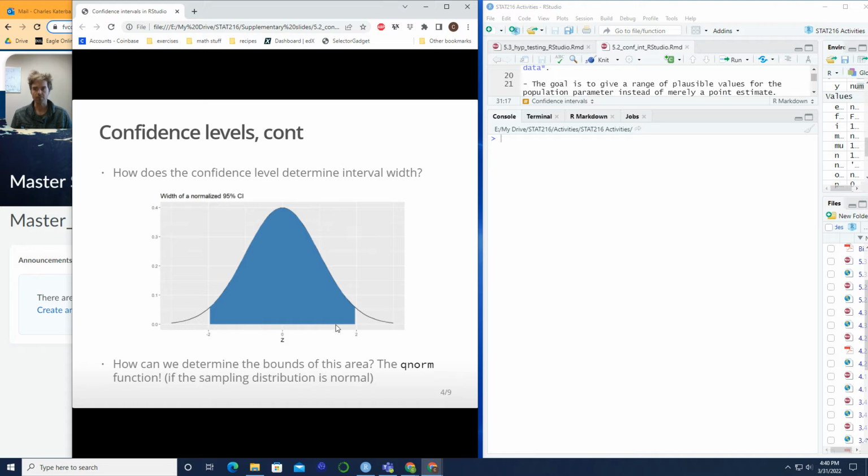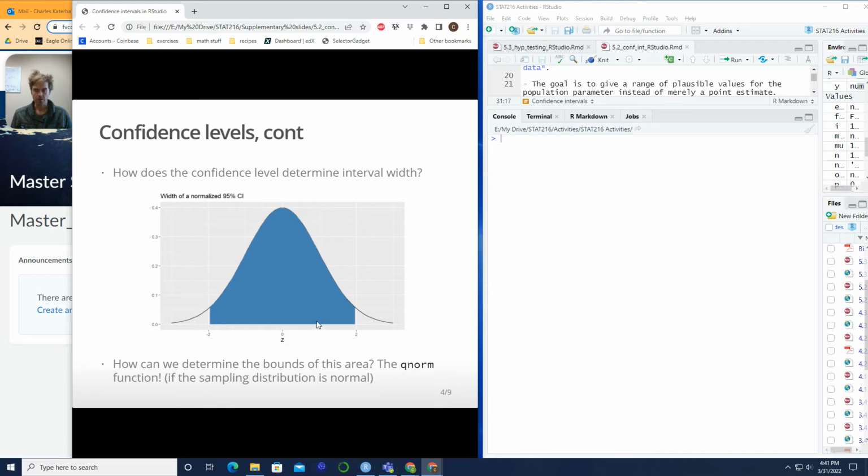The idea of a confidence interval is that if you have a sample that falls in the blue area and you form a confidence interval that has the width of the blue area, then that confidence interval will capture the true population parameter. So of all of the confidence intervals with the width of the area on the bottom, 95% of them will capture the true population parameter.